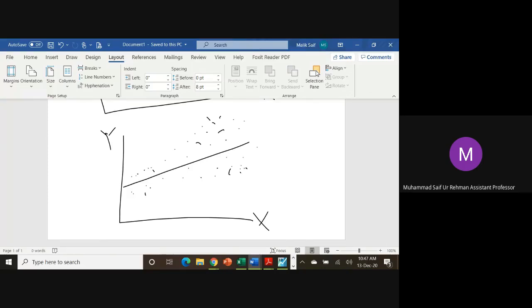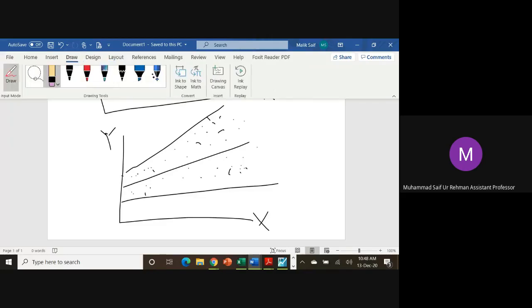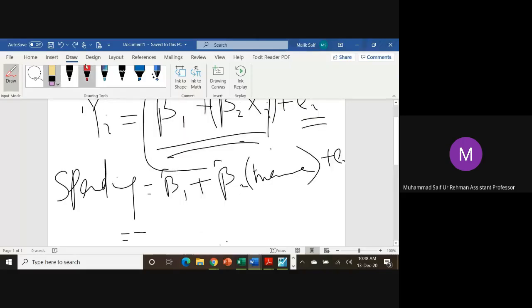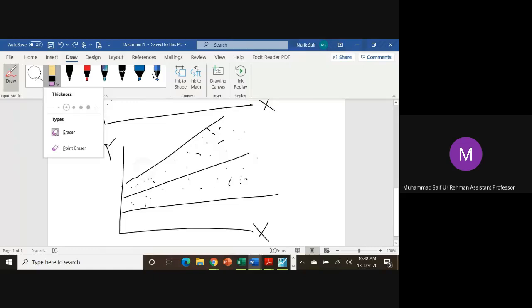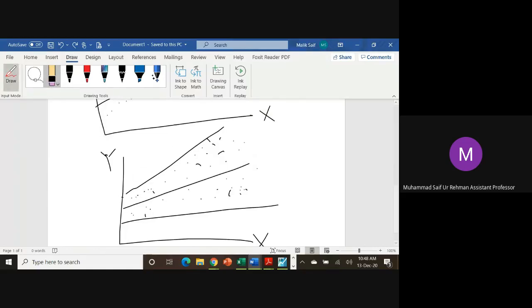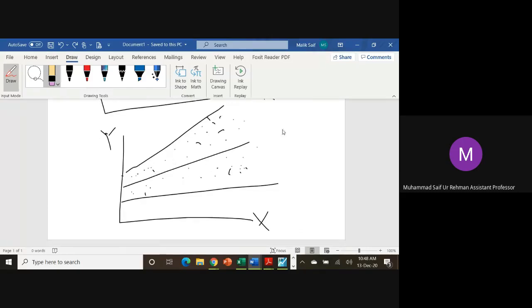Now if you want to cover these with lines, these are the dotted lines. You can consider that this is the spread.